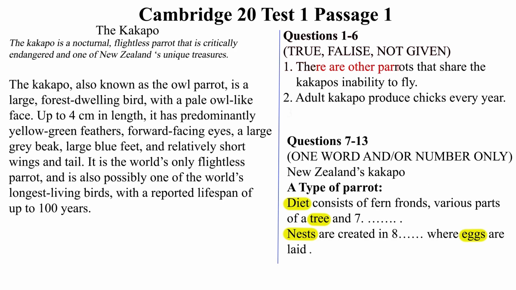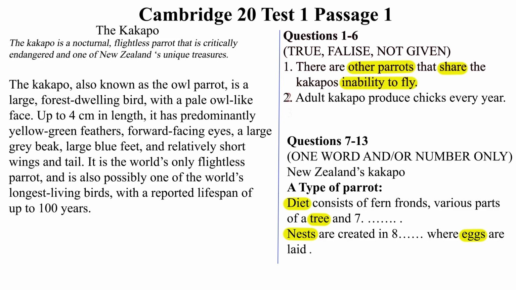The first question is: there are other parrots that share the kakapo's inability to fly. Here the search words are other parrots and inability to fly, and the target word is share inability. If we do not get a connection between other parrots and kakapo, then it will be not given.